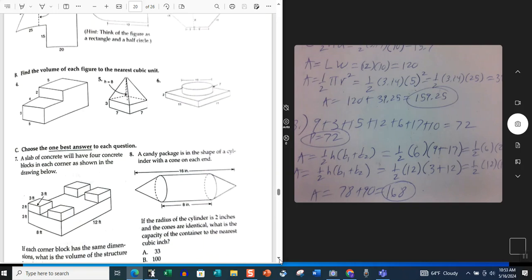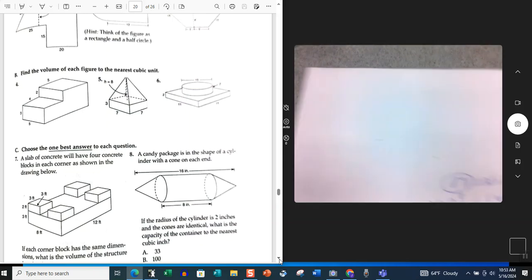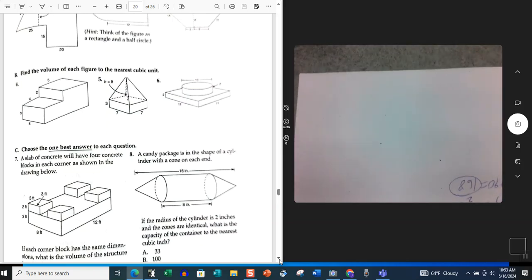Now with these volume problems, we know we're going to use the volume formulas, which isn't that bad. All right, so the first volume for problem number 4. Now if you notice here, it looks as though we have 2 rectangular prisms together. So the volume of a rectangular prism, we have to go back and get that formula.